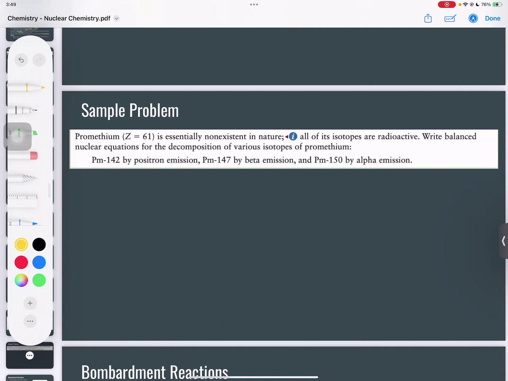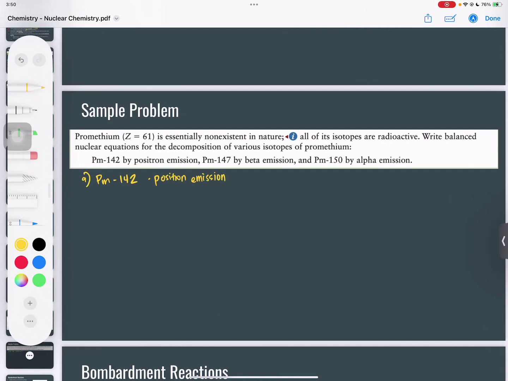We are to write a balanced nuclear equation for the decomposition of various isotopes of promethium. The first one is promethium-142 by positron emission. So let's start with the first one: Pm-142, and that is positron emission.